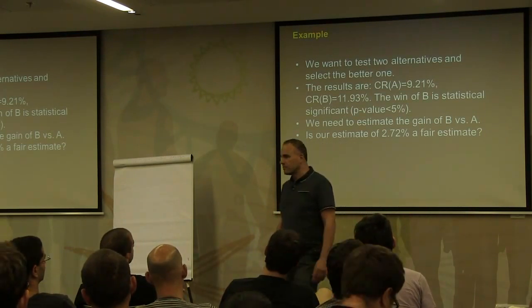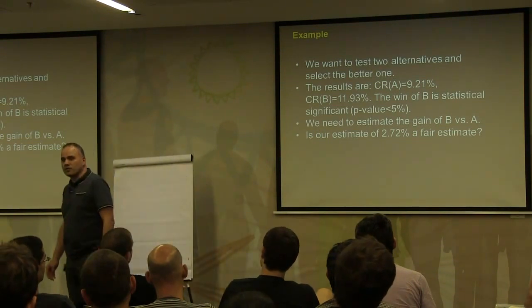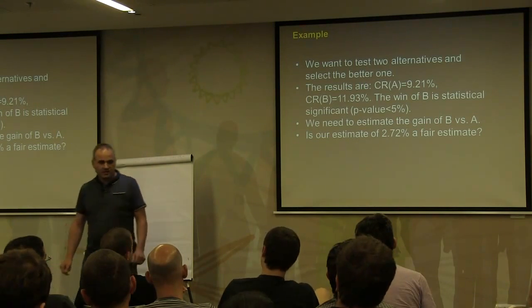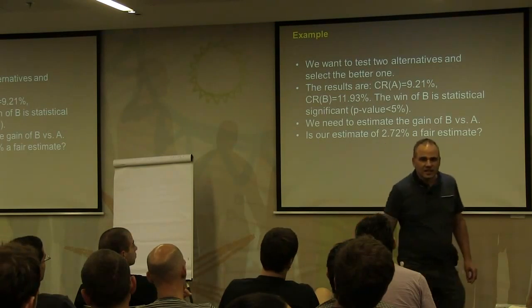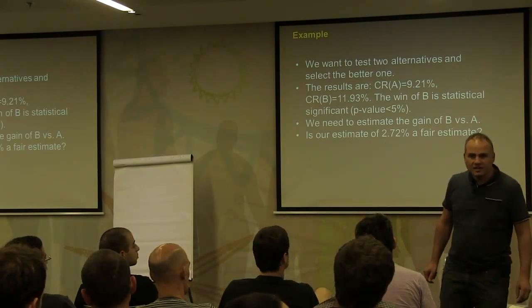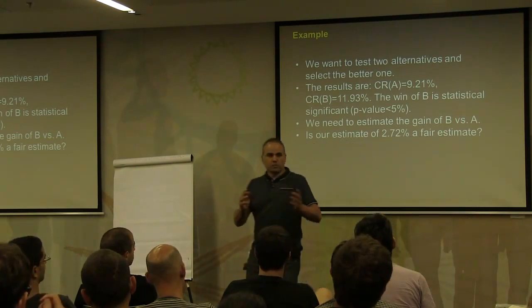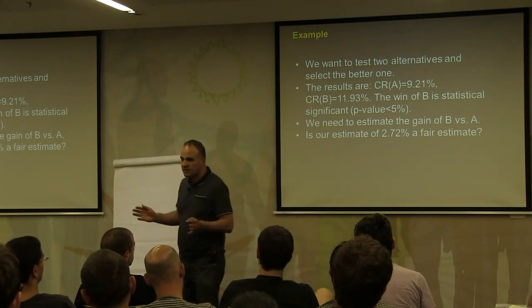Okay? Is this the expected margin of B compared to A? No. You have a margin of error to take into account. So, 2.72 plus minus something. Is this correct?